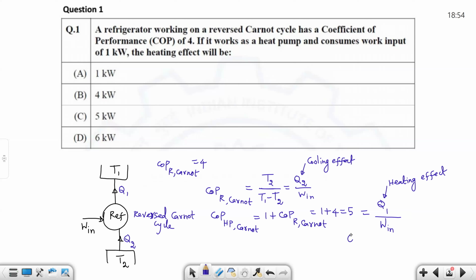So your heating effect Q1 is equal to 5 into the work input. Work input is 1 kilowatt. So this will be 5 kilowatt. The heating effect will be 5 kilowatt. So the answer is C.